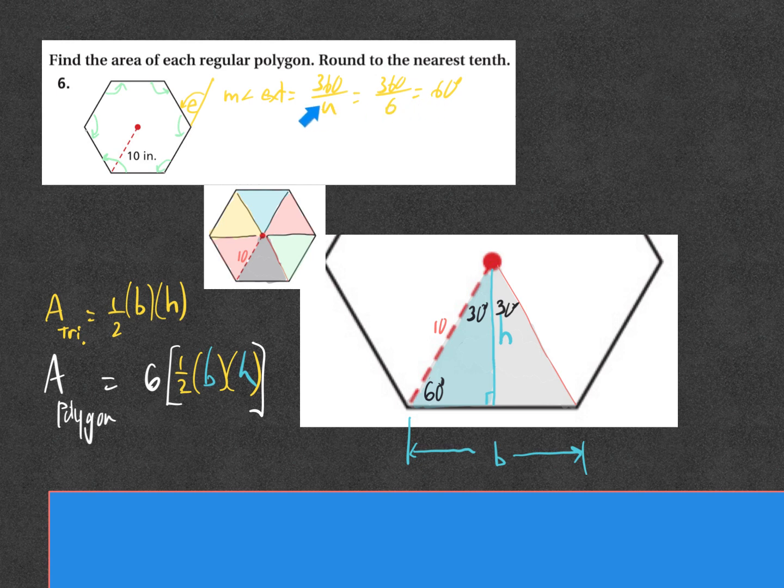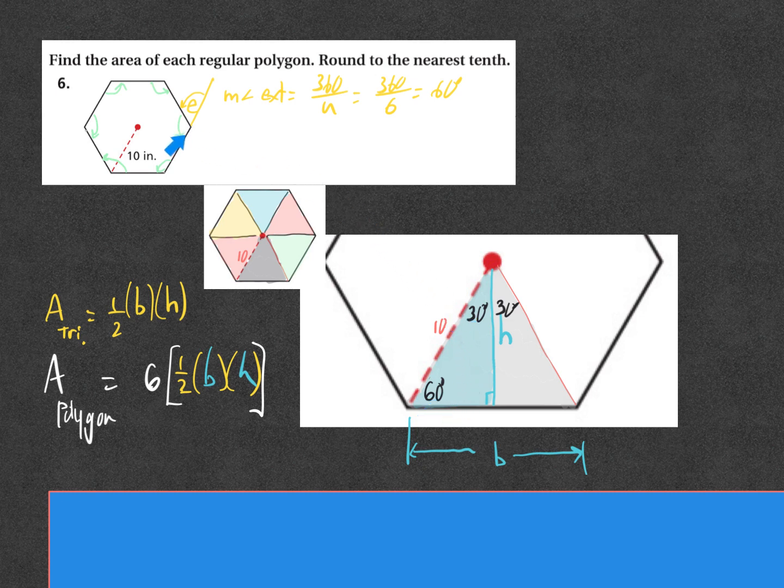So if the exterior angle is 60, then since these two form a linear pair, this would have to be 120. So each interior angle is 120, and so for our triangle, we had to take that 120 and divide it in 2, and that gives us 60 degrees. And then we know that this has to be 30.